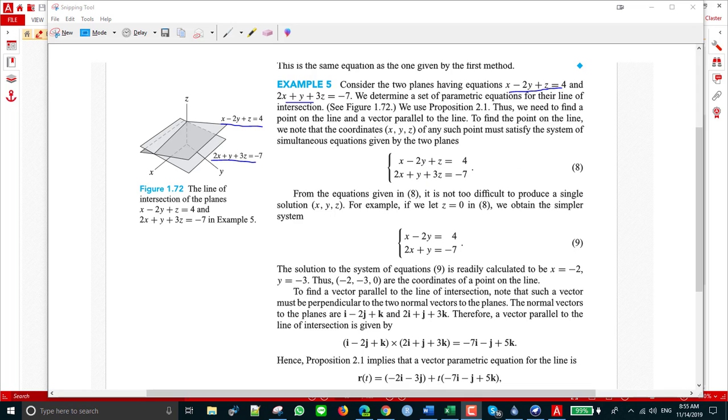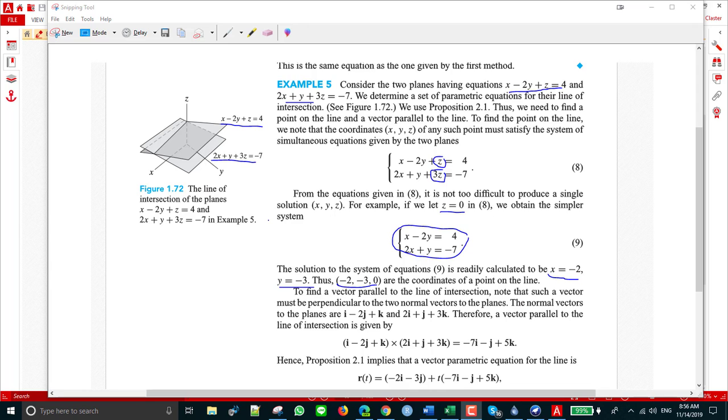So we can just let z equal 0 for both of these, and then solve, and we get this, which we can solve. Okay, and we get a solution to that, and that's this, and this, and this. So here's our solution. That's a point on the plane. So, I'm sorry, that's a point on the line. And so we have a point on the line.